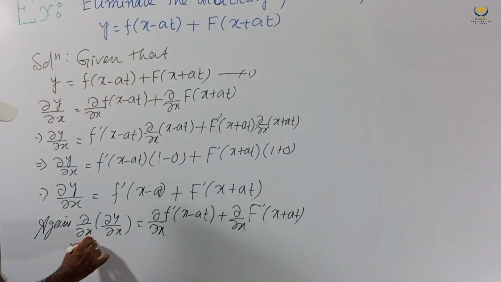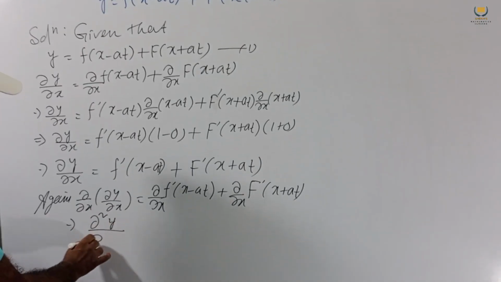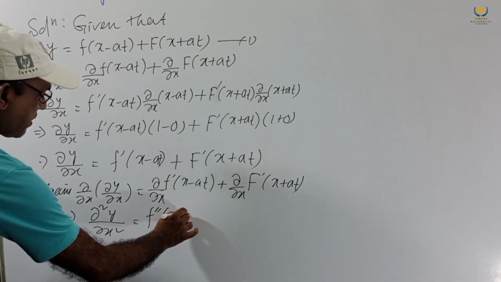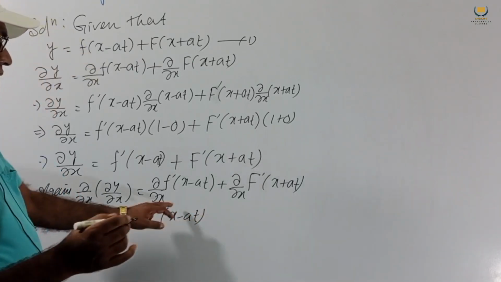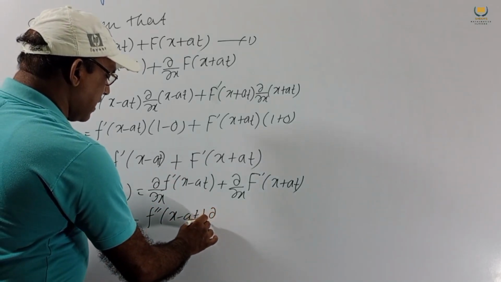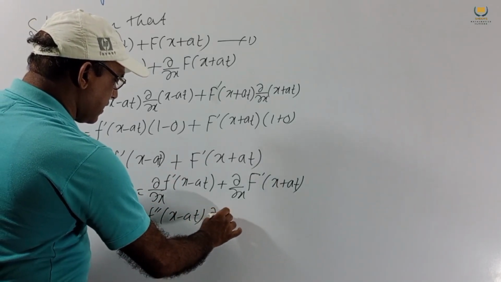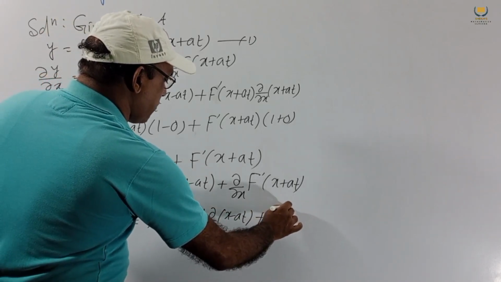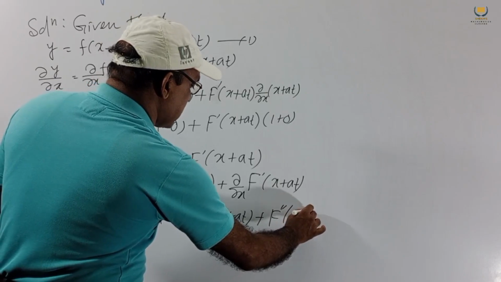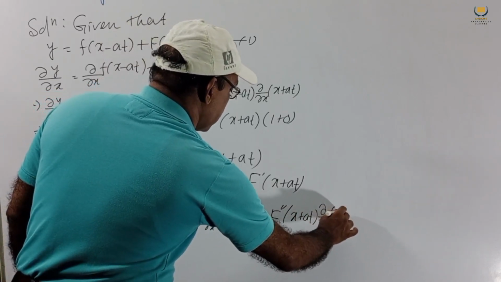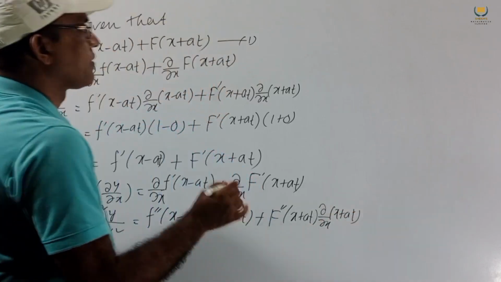This implies ∂²y/∂x² = f''(x − at)·∂/∂x(x − at), since if we differentiate f', we get f'' by adding another dash, plus F''(x + at)·∂/∂x(x + at).